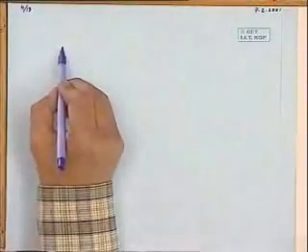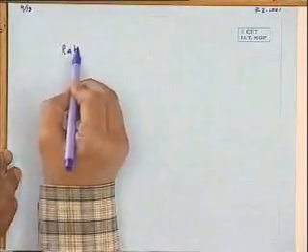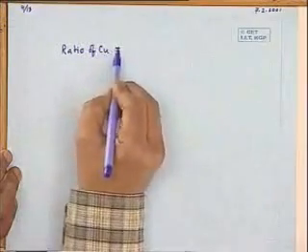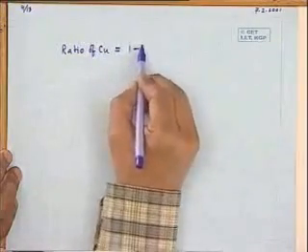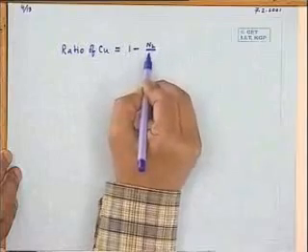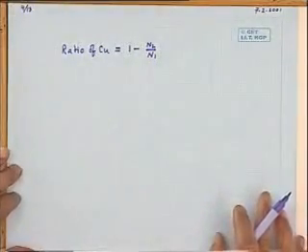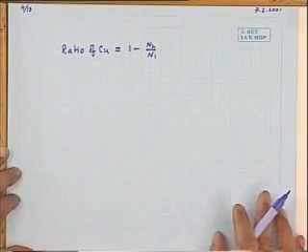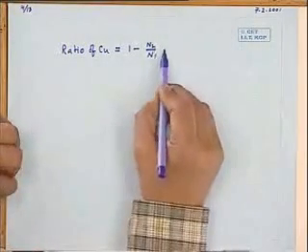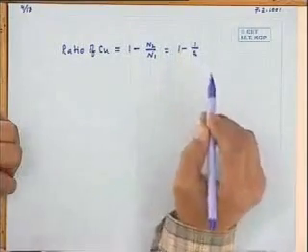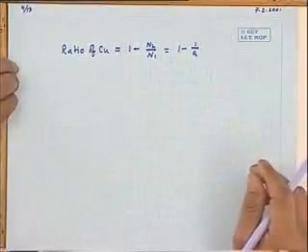Now if you separate it out, this ratio of copper will become 1 minus N2 over N1. Okay, N2 over N1. Or this will be equal to 1 minus 1 over A, or whatever you call it.